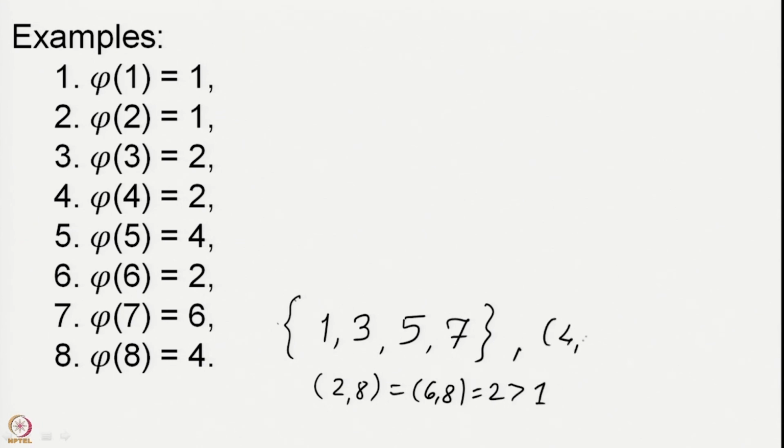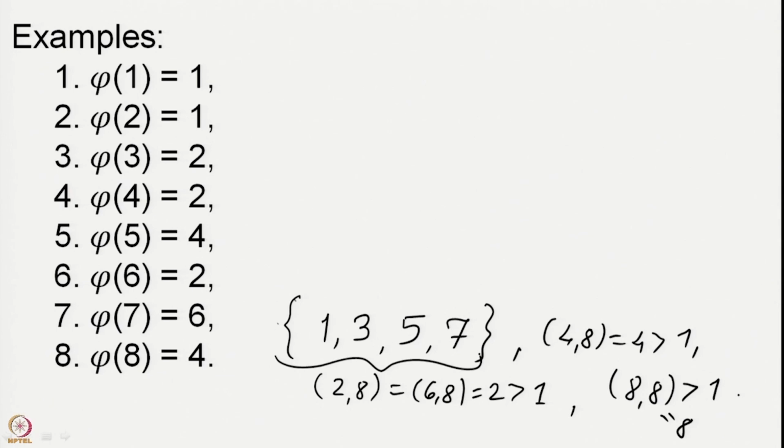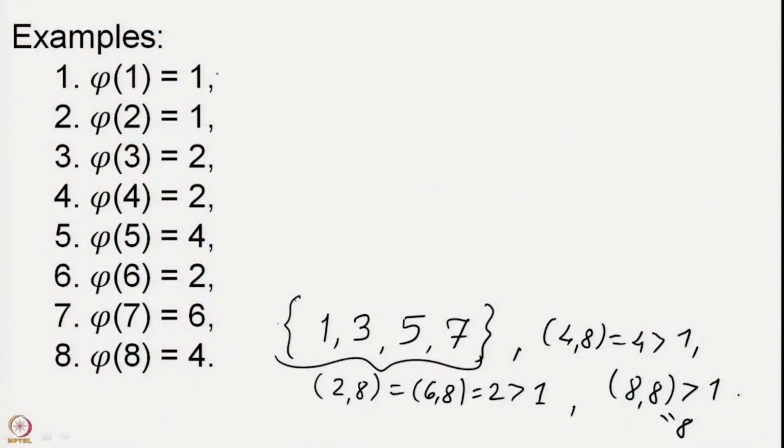The GCD of 4 and 8 is 4, which is bigger than 1, and of course, the GCD of 8 with itself is 8, which is bigger than 1. So, here we are left with only 4 numbers from 1 to 8, which are co-prime to 8. This is how the values of all these elements can be computed.